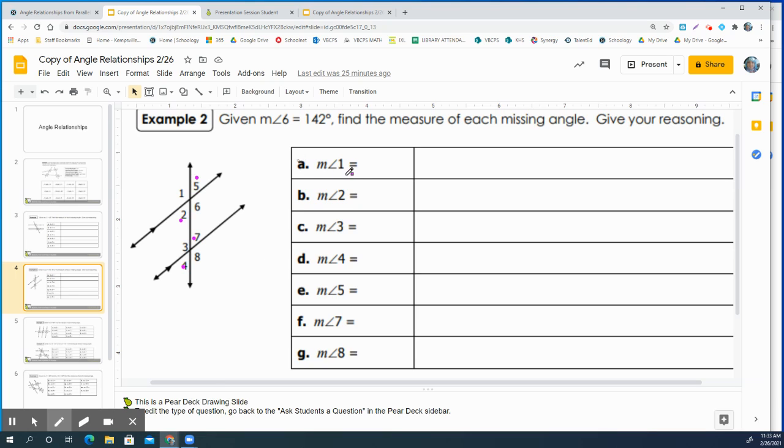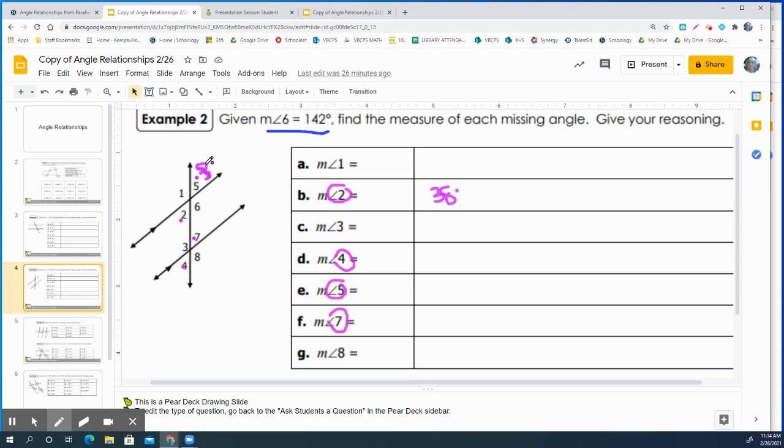So what are all of those going to equal, 5, 2, 4, and 7, if I know that angle 6 is 142? 38. How'd you get 38? 180 minus 142. Okay. So all of those pink angles, all of those acute angles are going to equal 38 because these make a linear pair.